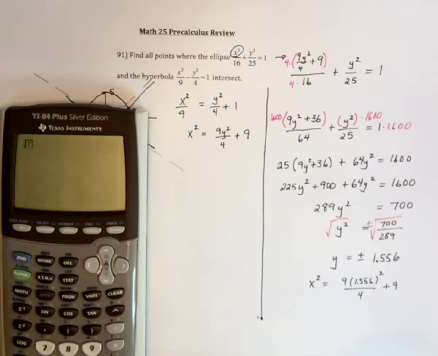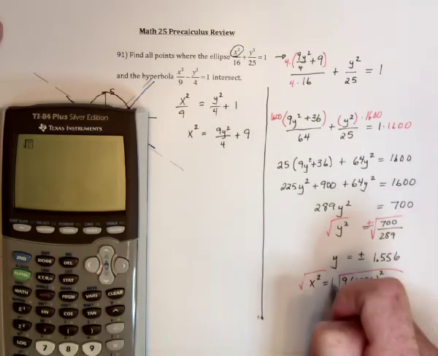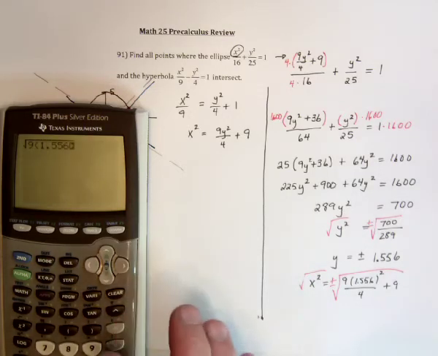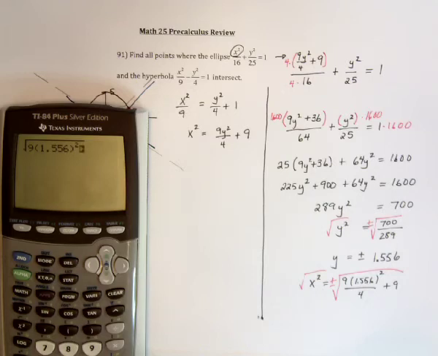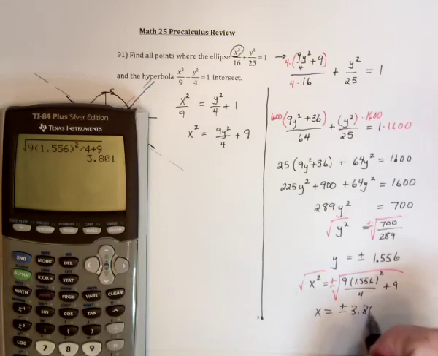So let's go ahead and do that now. The square root of 9 times parentheses 1.556 squared, divided by 4, and then plus 9, and all of that is inside of the square root. So x is going to be plus or minus 3.801.